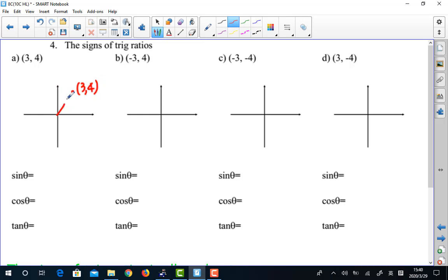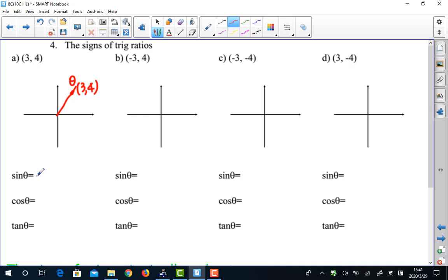The terminal arm passed through this point. Are you able to use the general definition to find the 3 primary trig ratios of this angle theta? HR students are also expected to find the trig ratios for cosecant, secant, and cotangent.